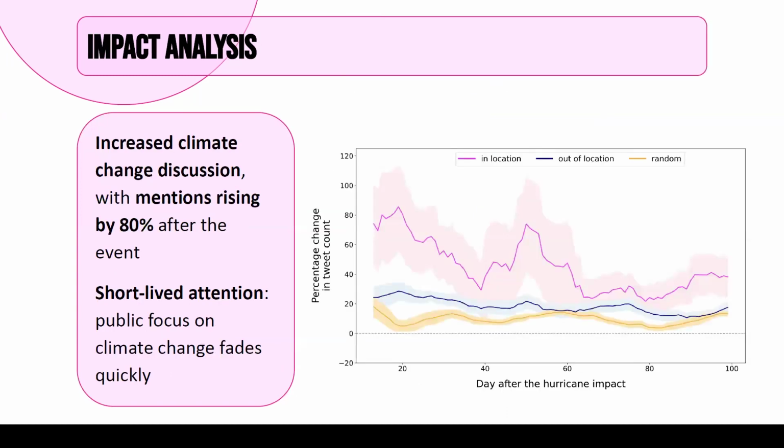About the impact of the hurricanes on climate change, what we did is counting basically the tweets mentioning climate change before and after an event of a hurricane in the specific area affected by the hurricanes, all over the world in the blue line, except the specific area.